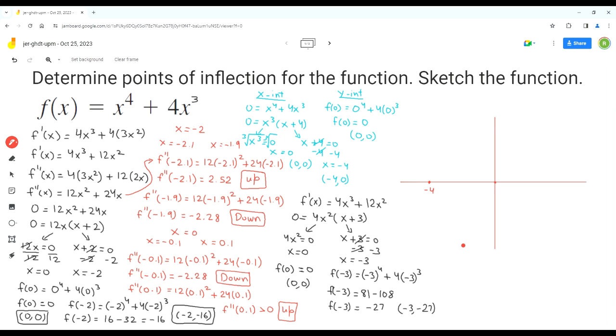And then we found that the points of inflection are at x equals 0 and x equals -2. That means the concavity changes at x equals -2. And we found the critical points at x equals 0 and x equals -3. So -3 will be here, and the critical point is at (-3, -27). So let's assume it's here.